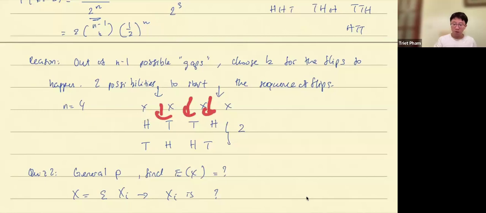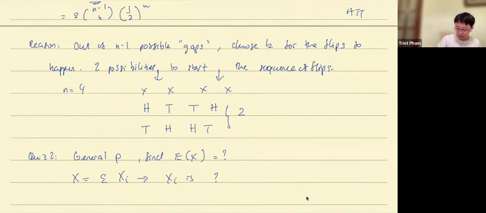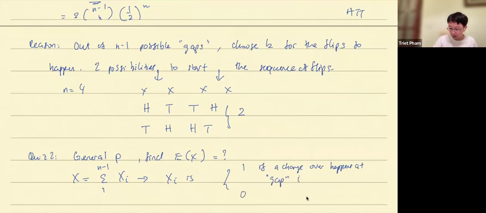So basically, we can sum this from 1 to n minus 1, where xi is an indicator: 1 if a changeover happens at, let's say, gap i, and 0 otherwise.